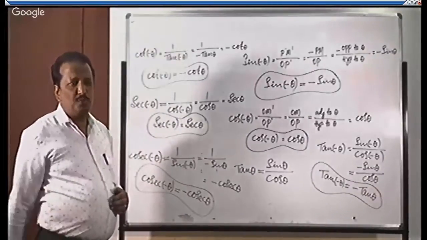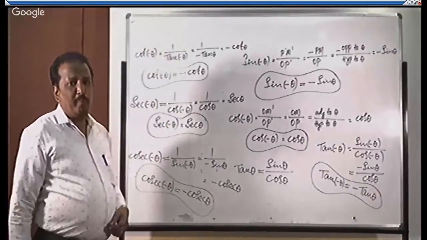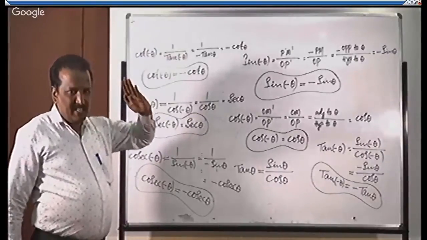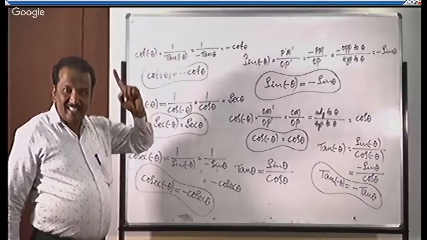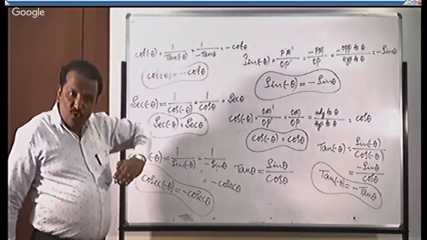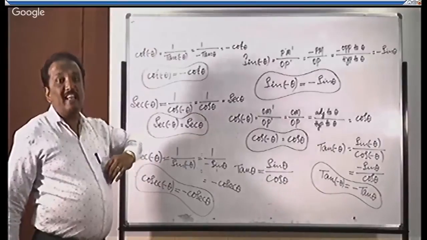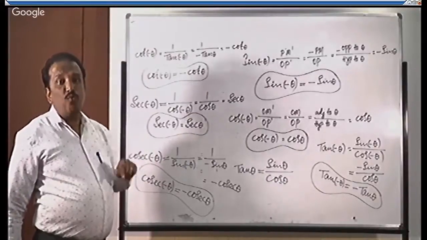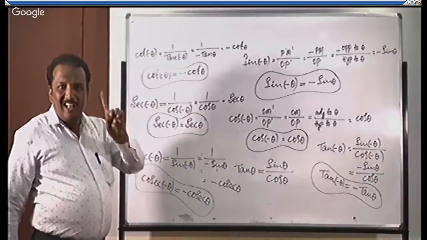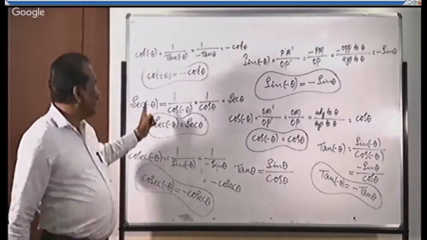You can remember this in a simple way by using the ASTC rule of signs. If the angle generated is plus theta, the revolving ray lies in the first quadrant where all are positive. Then the angle minus theta lies in the fourth quadrant, but in the fourth quadrant all the trigonometric functions are negative, only cos and its reciprocal secant are positive.